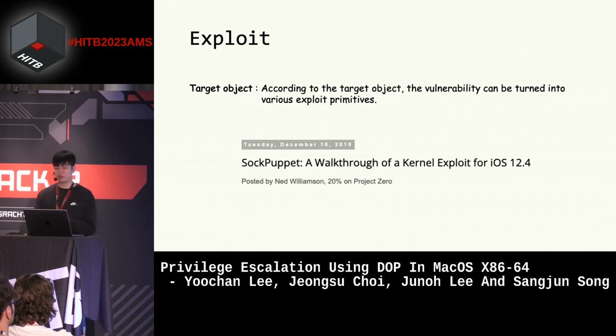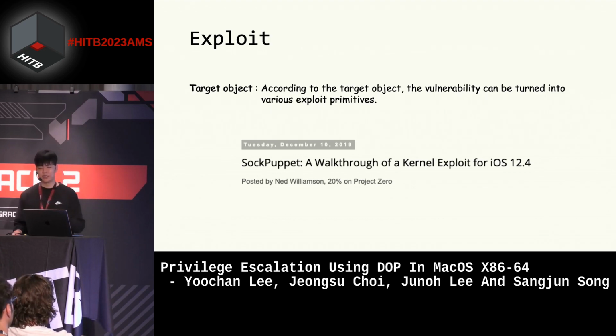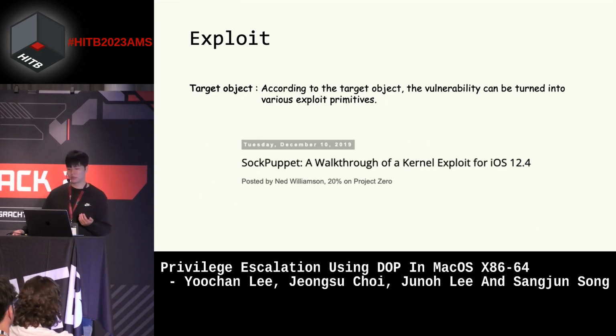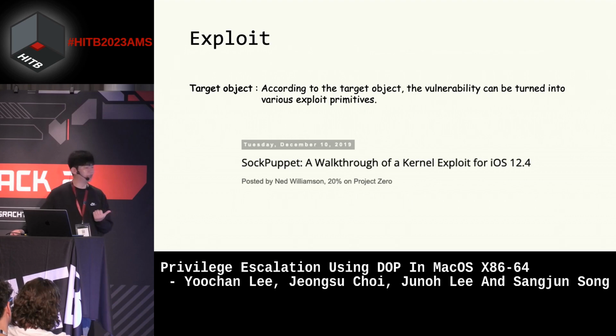Then I came across this post from Google Project Zero. The post introduced one use after free vulnerability and the details about exploitation. Coincidentally, this vulnerability was exploited using DOP.